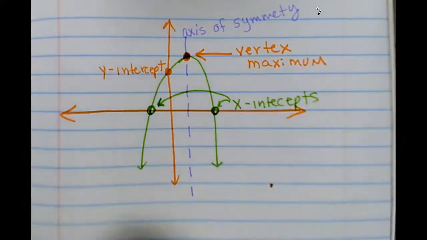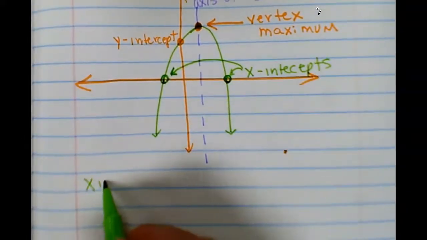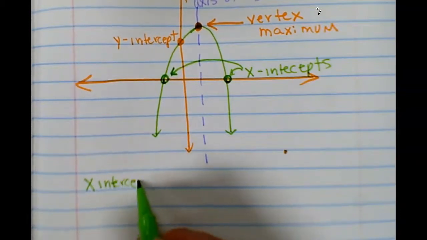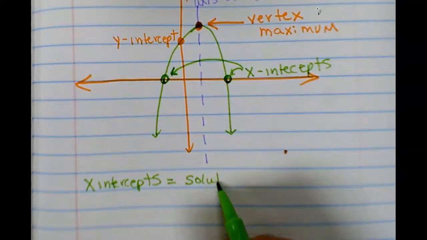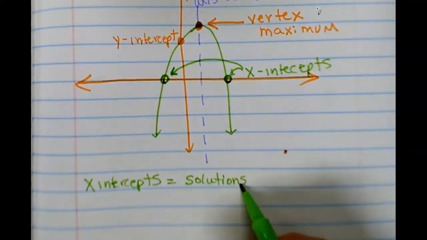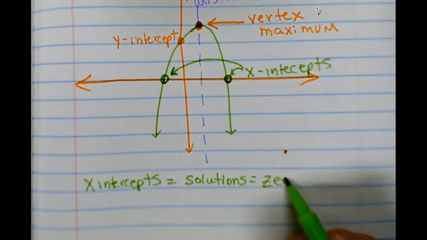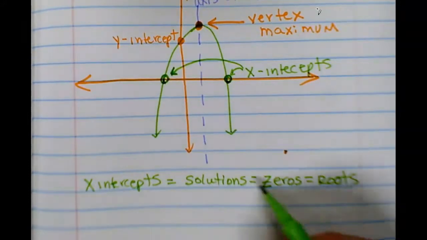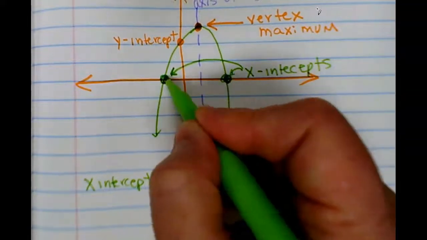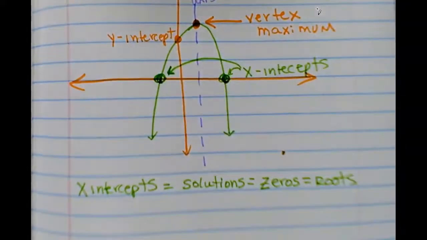X-intercepts. X-intercepts are the same as solutions. Solutions are the same as zeros. Zeros are the same as roots. All four of these numbers are talking about these two places on the graph.